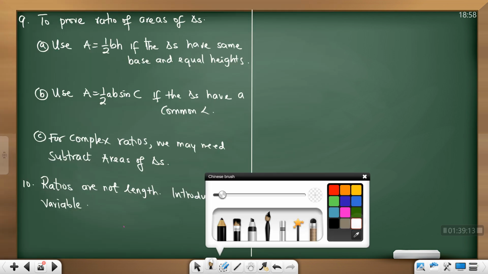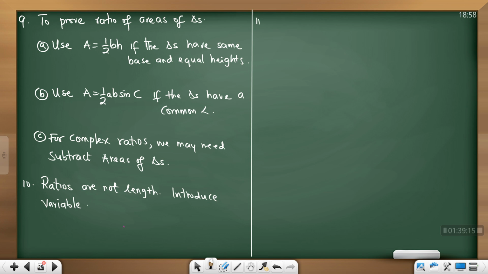Let's make this 11. This is very important. Given or required to prove similarity. Please take note of this. This is very, very important. Required to prove similarity, just like the question we are going to do just now.